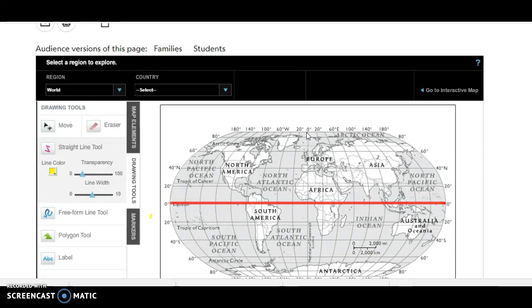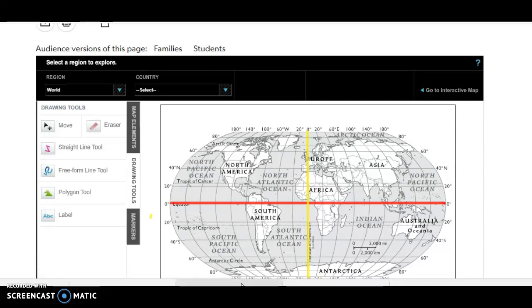Those are called longitude lines. Notice that the beginning of the word has the word long in it, L-O-N-G, longitude. And so if you think long, as in vertical, up and down, tall, those are longitude lines. All the longitude lines run vertically around the globe.